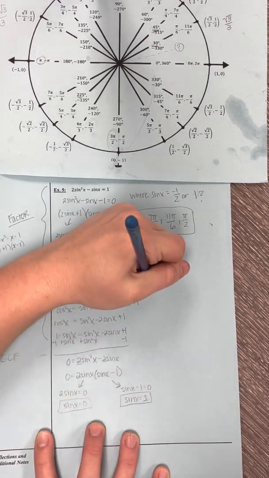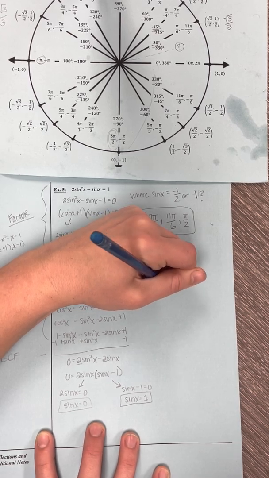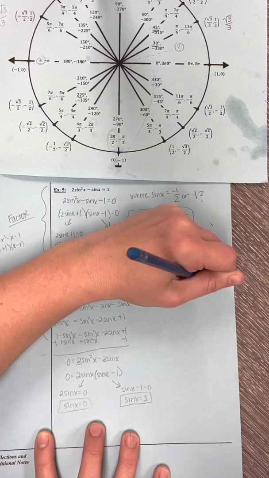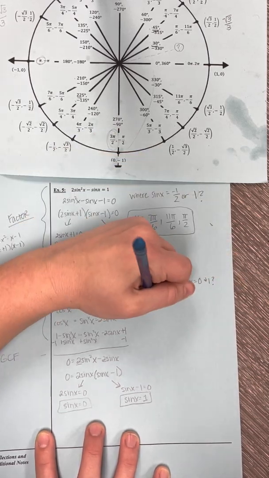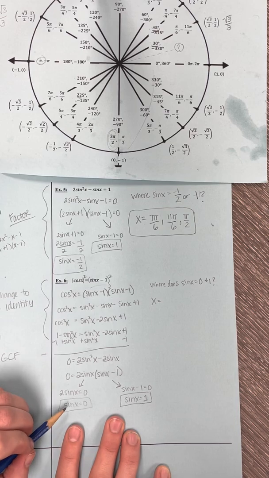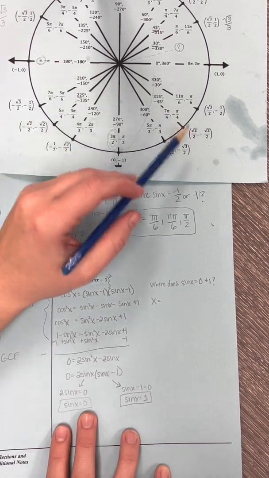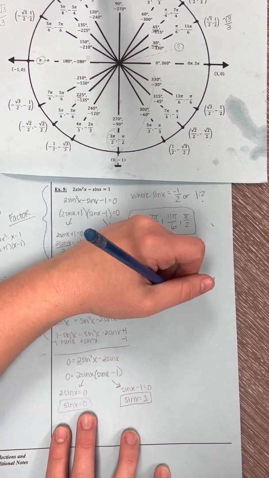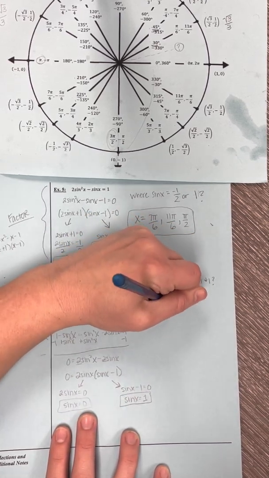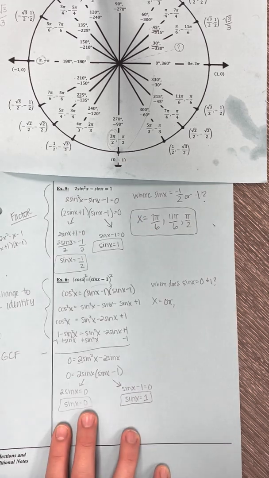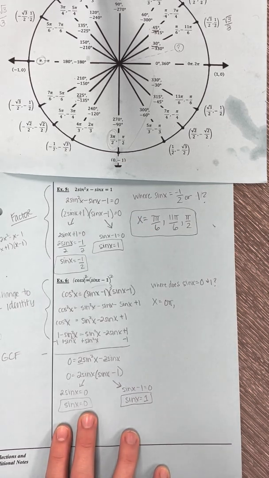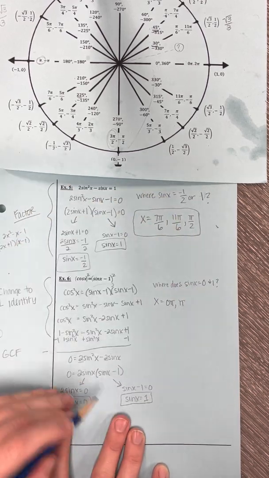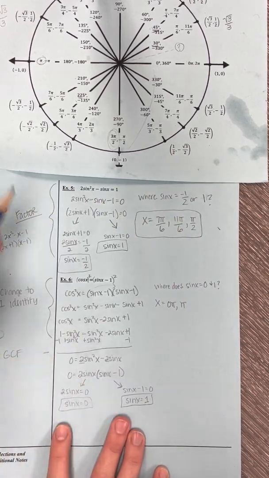All right, so where does sine x equal 0 and 1? We will have sine x is equal to 0 at 0 and pi, and then where sine x is equal to 1, and that's just one location.